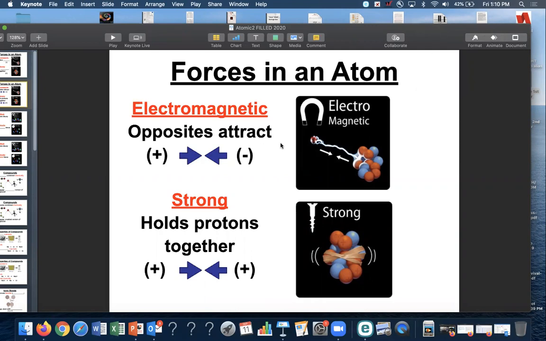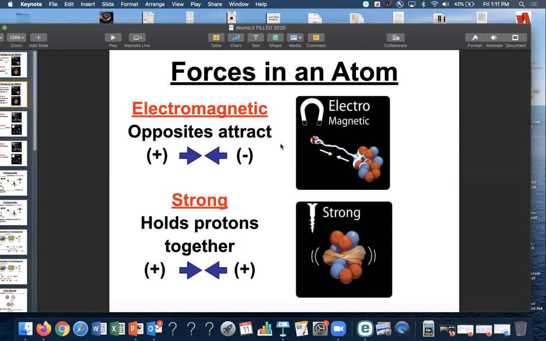So that electromagnetic force, that positive being attracted to the negative charge, that's the attraction between the protons, which have a positive charge, and the electrons, which have a negative charge. So that's the first one.